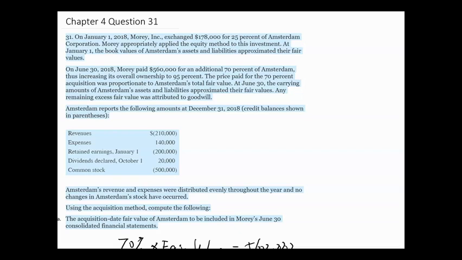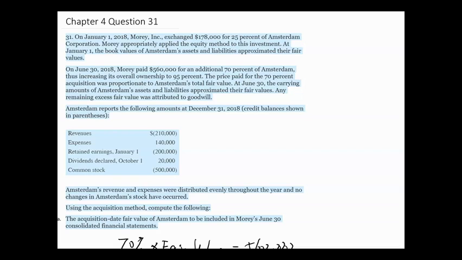Maury appropriately applied the equity method to this investment. At January 1st, the book value of Amsterdam's assets and liabilities approximated their fair value. On June 30th, 2018, so half a year later, Maury paid $506,000 for an additional 70% of Amsterdam, thus increasing its overall ownership to 95%.